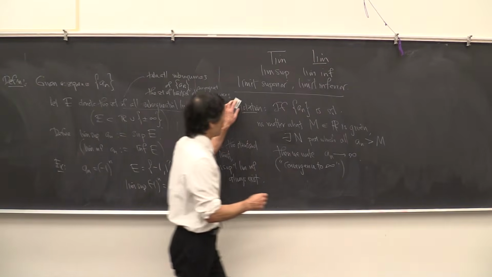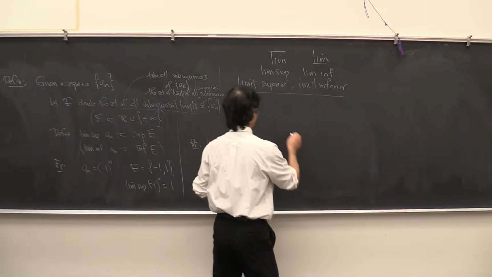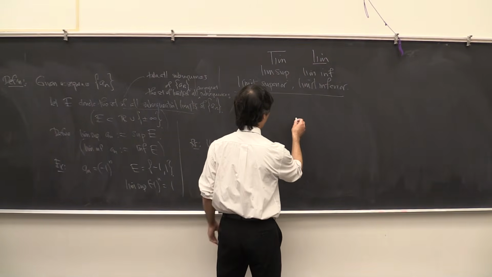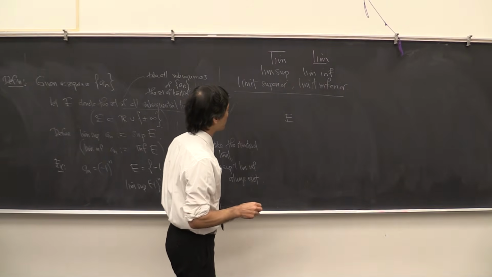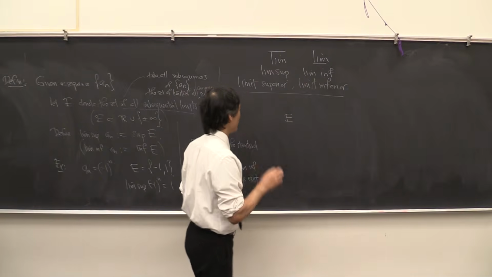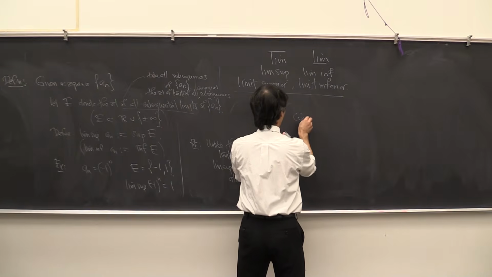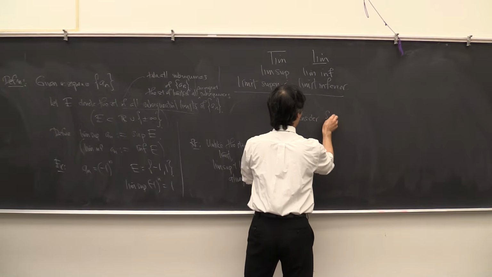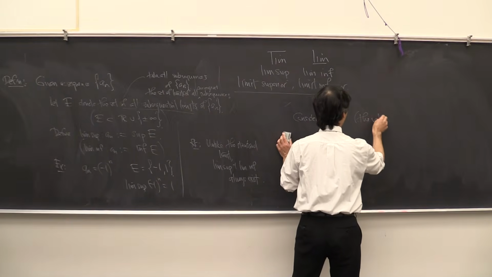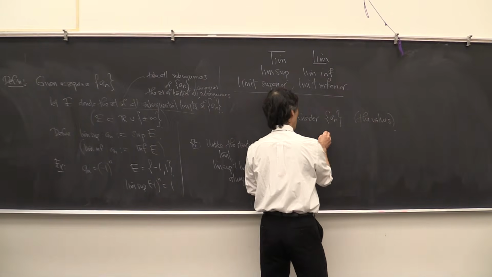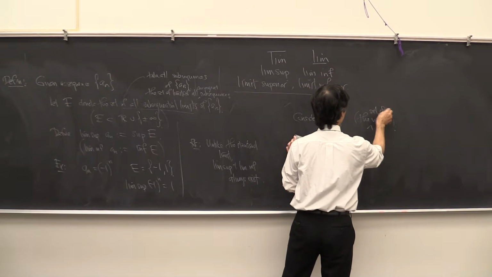Okay, so here's maybe one way of thinking about it. Consider all the values of the a sub n, the set of values.